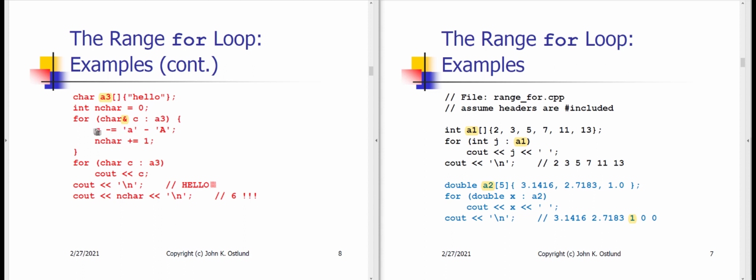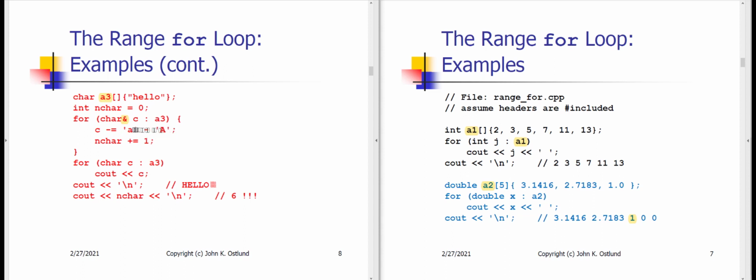in the ASCII character set, lowercase letters come after uppercase letters. And therefore, if I would like to convert these lowercase letters to uppercase letters in an ASCII machine, a trick that I can do is to compute the difference between little a and big A. Now, you probably don't have memorized that little a is 97 and big A is 65 in decimal terms.